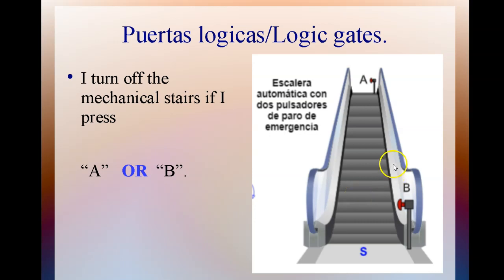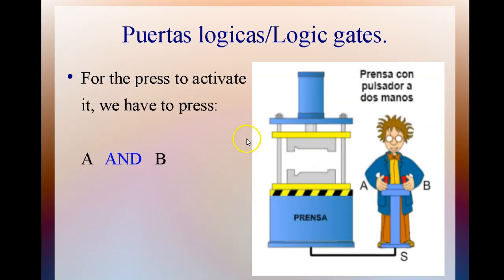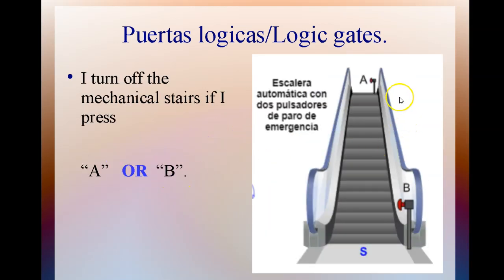But in case of an emergency, you have two different places for stopping the motor, whether A or B. So in the previous one, the motor is activated if you press A and B, and in this case, the motor is stopped if you press A or if you press B.